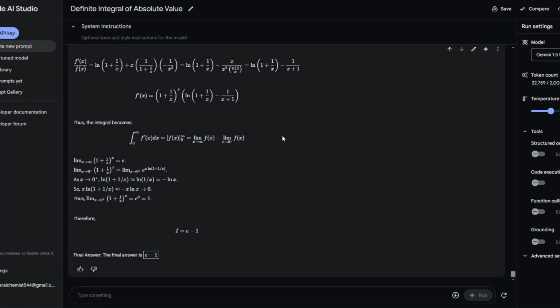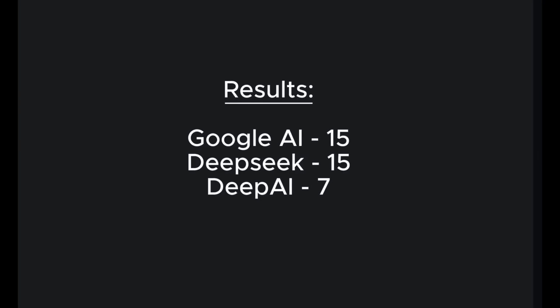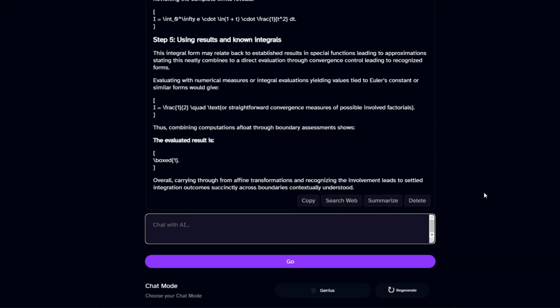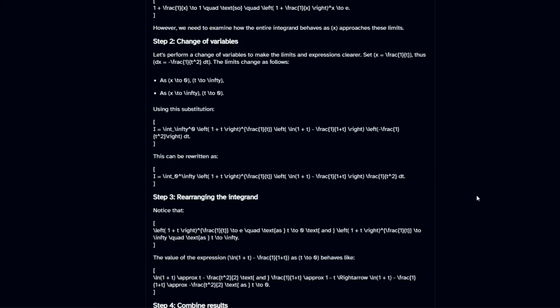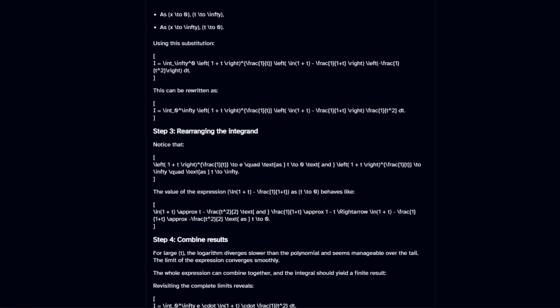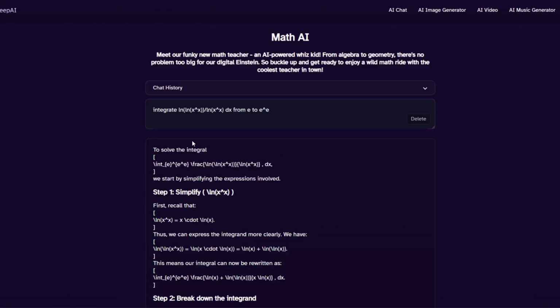Alright, here are the results. So unfortunately, Deep AI, I'm going to be honest, I am very impressed with Deep AI. Probably the most impressive. I scrolled all the way. Holy hell. Yeah, this is Deep AI, Math AI.